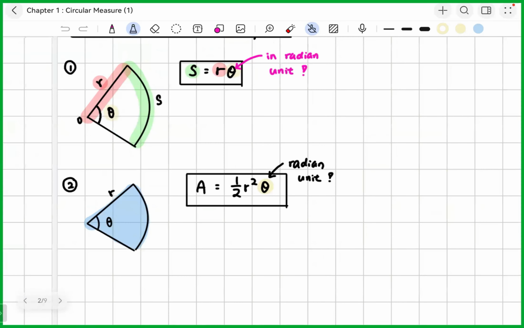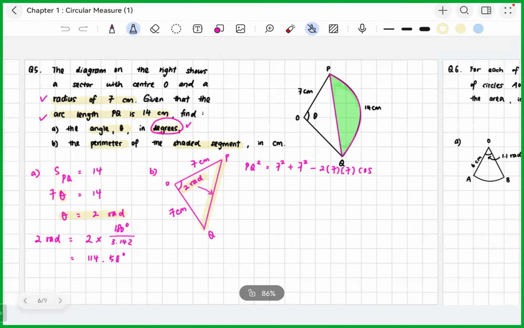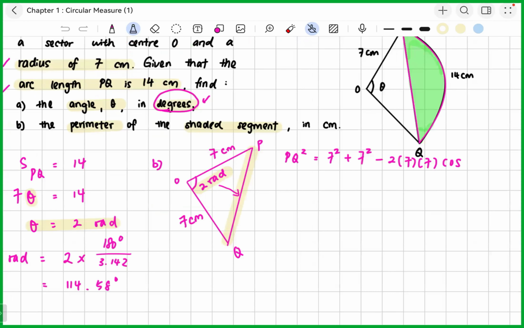For other formulas like cosine rule, sine rule, and the area of triangle 1 over 2 ab sine C, all of them require you to state the angle in degree, not in radian. Only the two formulas, s equals r theta and area equals 1 over 2 r square theta, require you to use the angle in radian unit. Other formulas, no need. Just as usual, use degree unit.